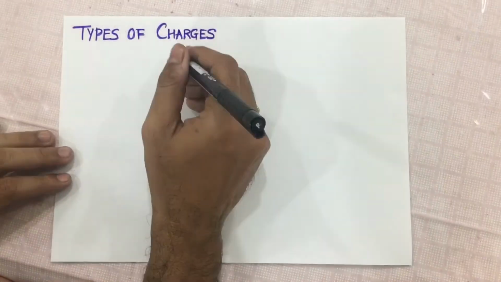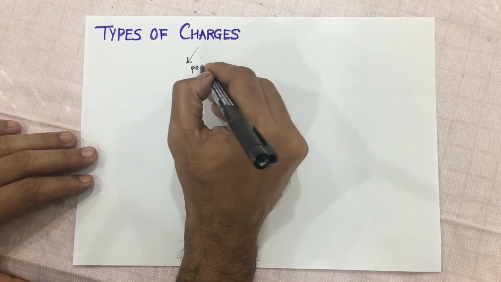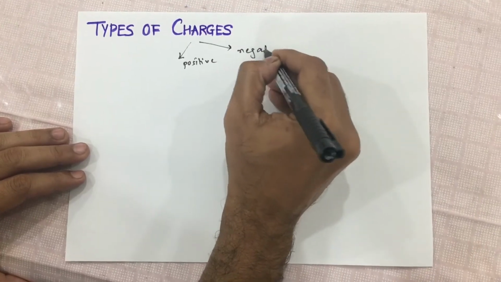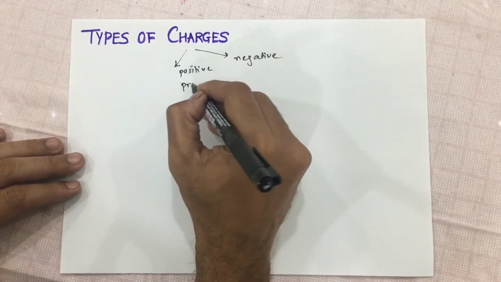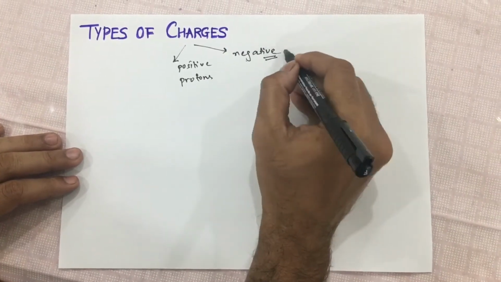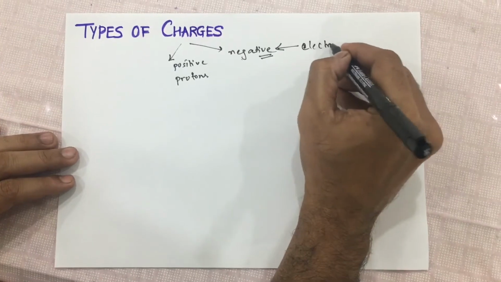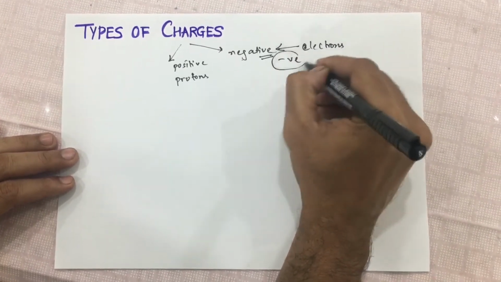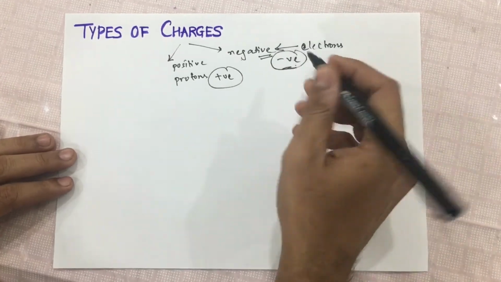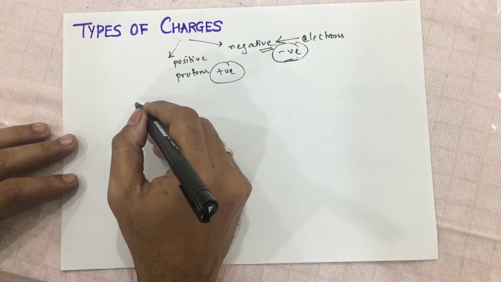Types of charges. As I have already said, there are two types of charges, the positive and the negative. The protons carry the positive charge, and the negative charge is carried by the electrons. Now, when can I call an atom negatively charged?